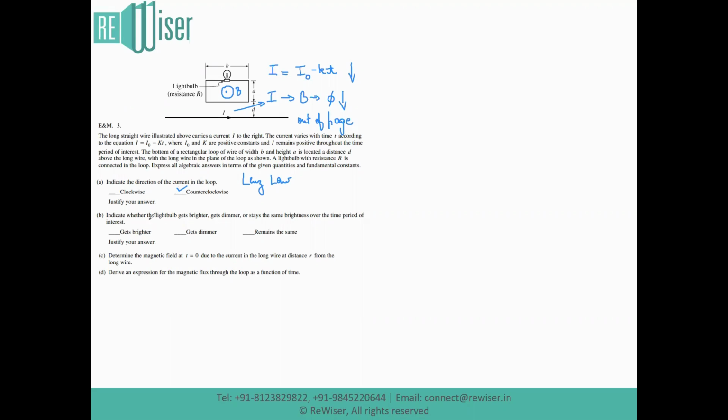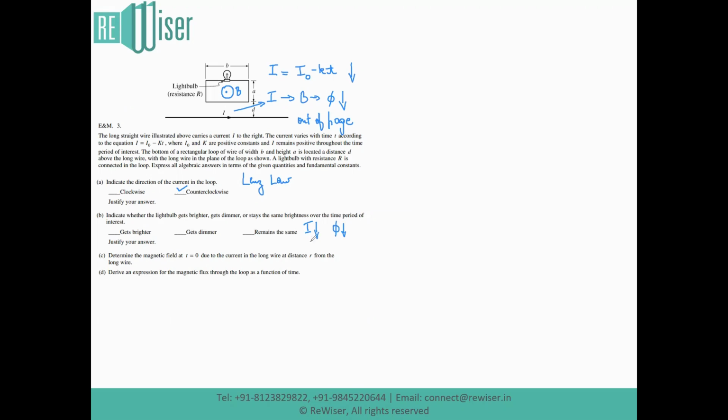Moving ahead, indicate whether the light bulb gets brighter, gets dimmer, or stays the same brightness over the time period of interest. Here, I know that current I is decreasing per unit time, which means the flux produced by the current is also decreasing per unit time.